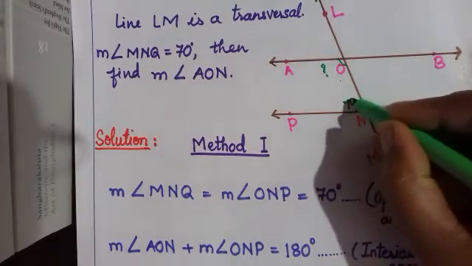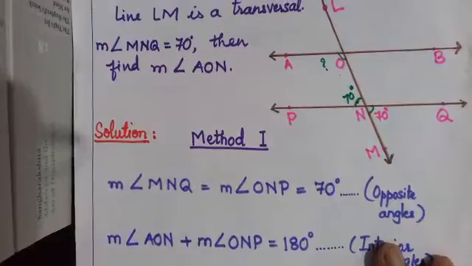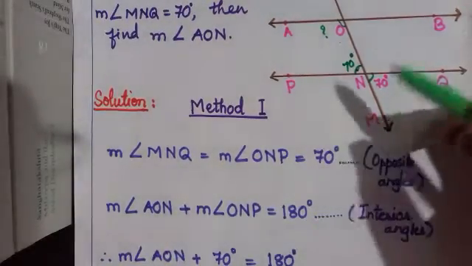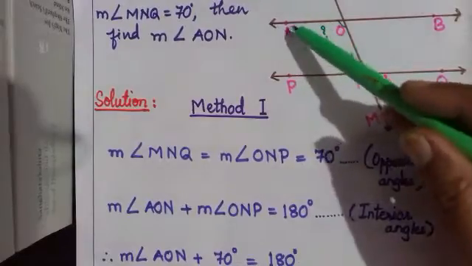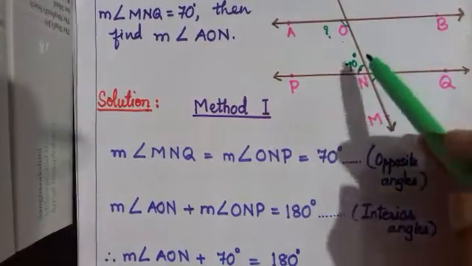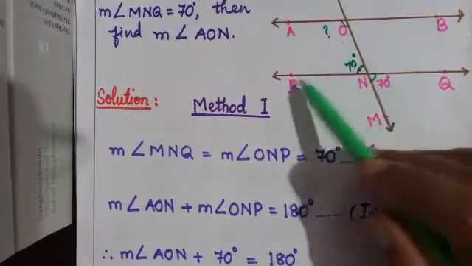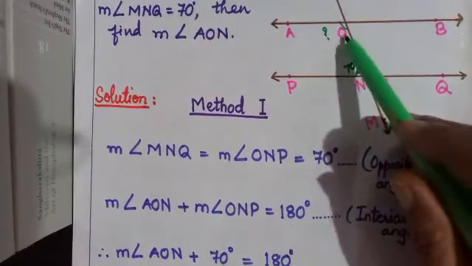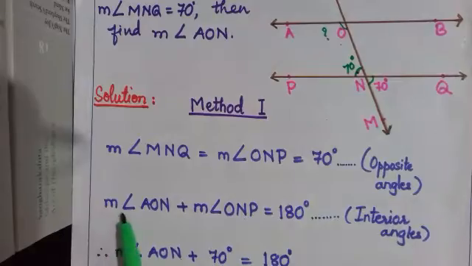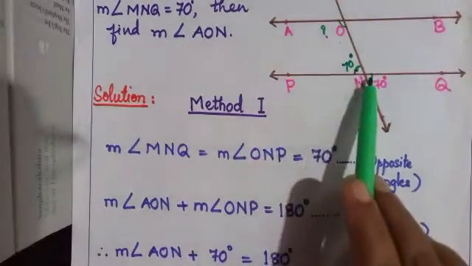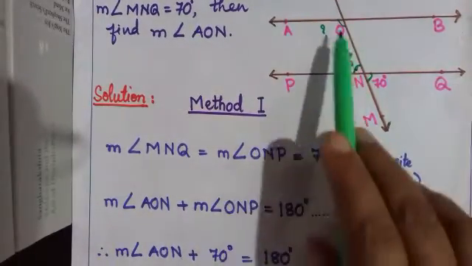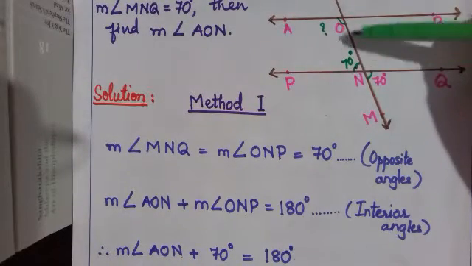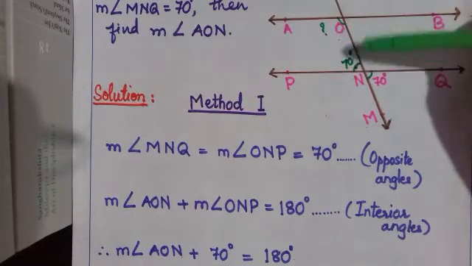This will be now 70 degrees. And what is the reason behind it? Opposite angles. Now we have to find measure of angle AON and we have measure of angle ONP. So with these two angles, let us see what we can do. Angle AON plus angle ONP, these two angles are interior angles, and we know interior angles are supplementary.